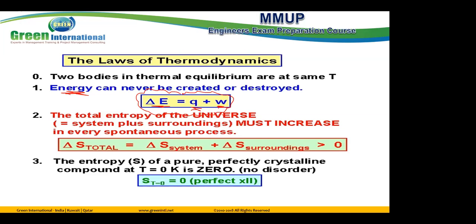Is this applicable? Yes. But if I tell you to apply the first law of thermodynamics for a system that seems like the previous one, the temperature is hot, but the heat is going from the surrounding to the system, to the cup of tea.